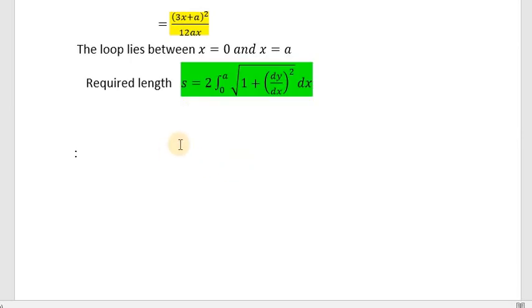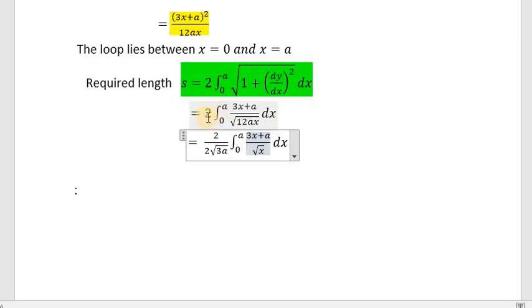So the required length S is equal to 2 integral 0 to a square root of 1 plus dy by dx whole square into dx. In this equation, substitute 1 plus dy by dx whole square, which is 3x plus a whole square by 12ax. Now removing the root, we get 2 times the integral from 0 to a of 3x plus a by root of 12ax into dx.